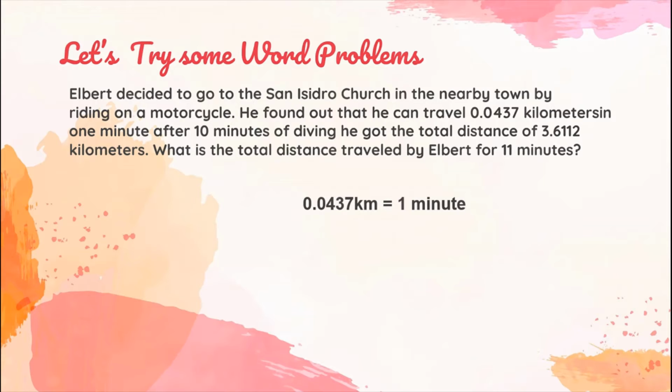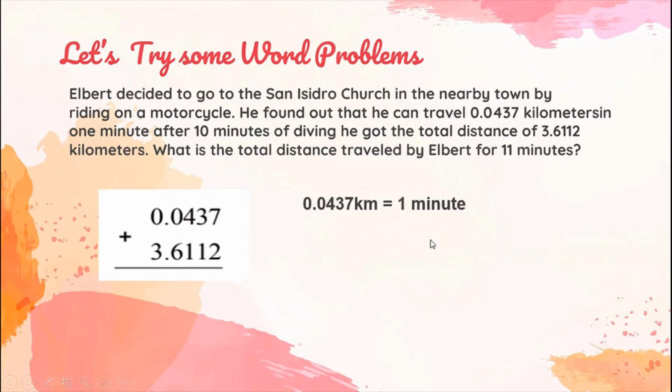For this question, we need to find out the distance after 11 minutes of driving. So for the solution, we are going to add 3.6112 and 0.0437 to find out the total distance Albert traveled for 11 minutes.